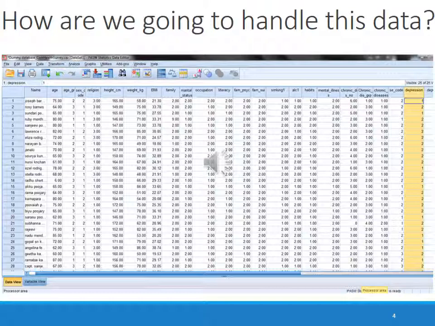For us to be able to handle this, we need to know what are the tools and techniques involved in data collection. What are the systematic ways to represent the data we obtain? What are the concepts we need to know to analyze this data? And eventually, how are we going to interpret the results of the statistical analysis?